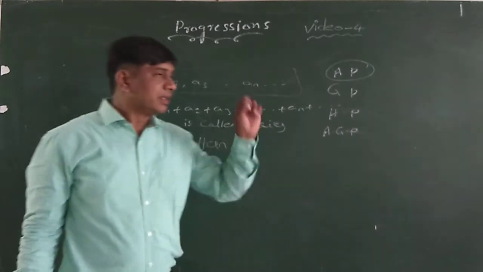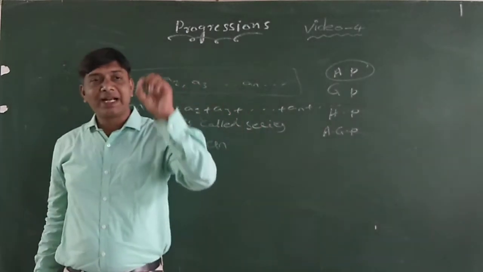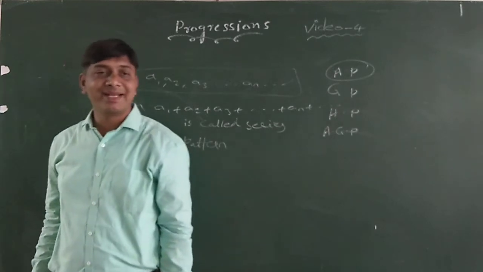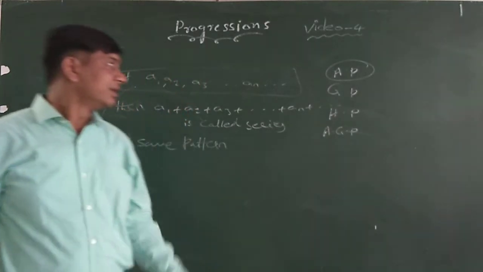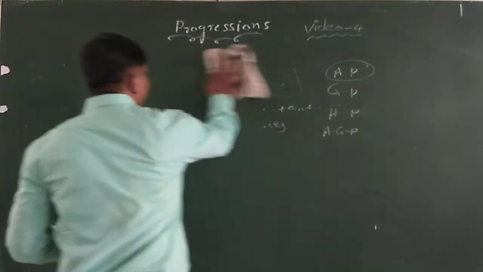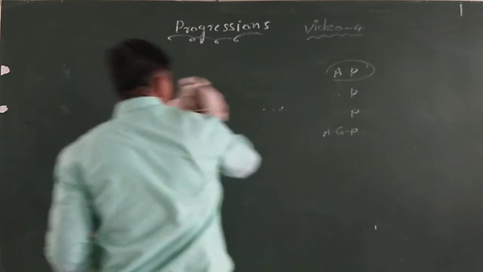The fixed number which we are adding is also known as the common difference and it is denoted by D. Based on this definition, we learned a few problems.